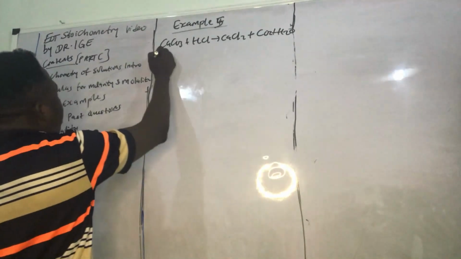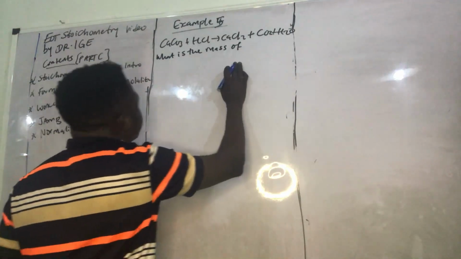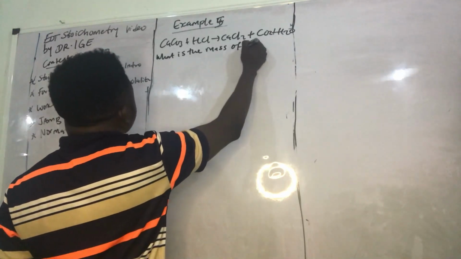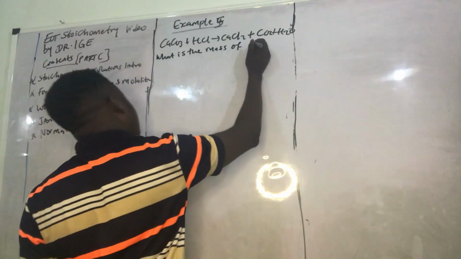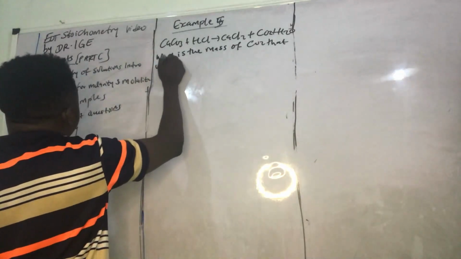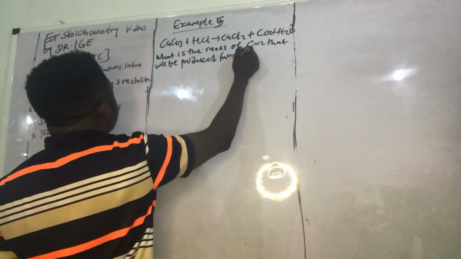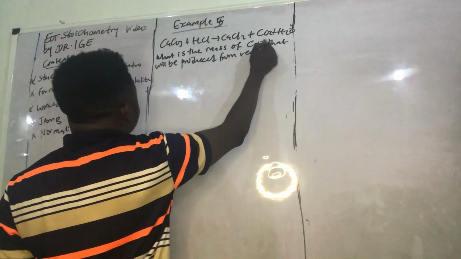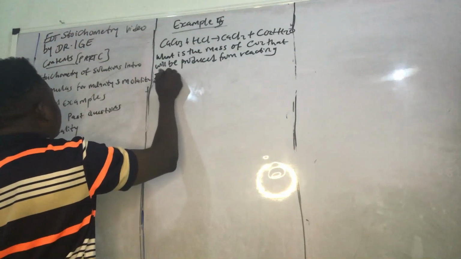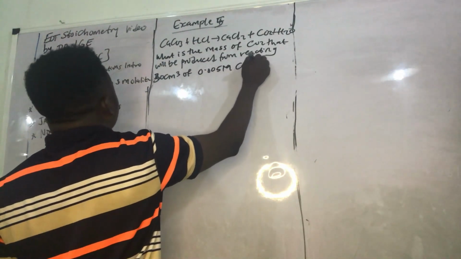This is an equation, then asking what is the mass of CO2 that will be produced from reacting 30 cm³ of 0.005 mole of HCl.